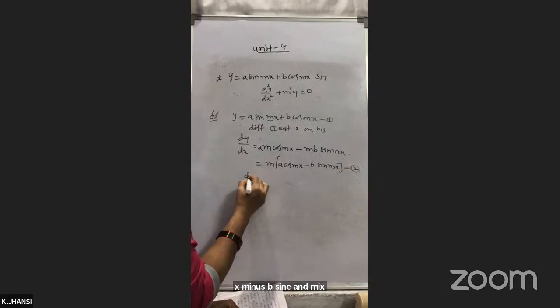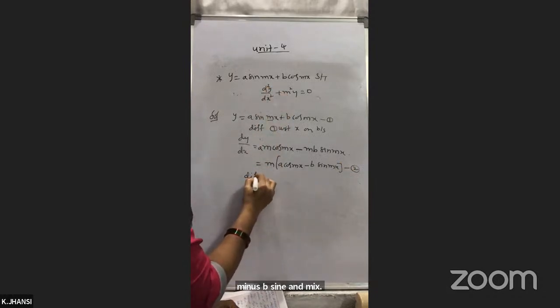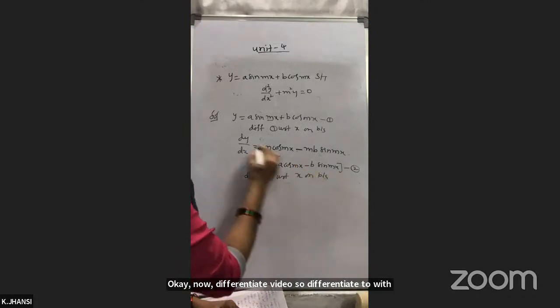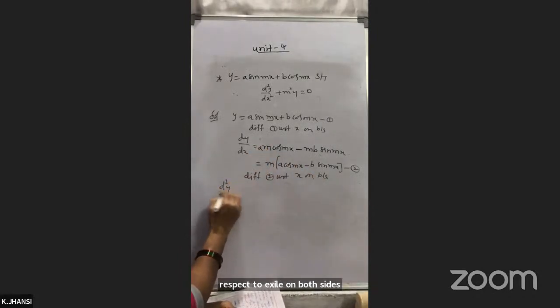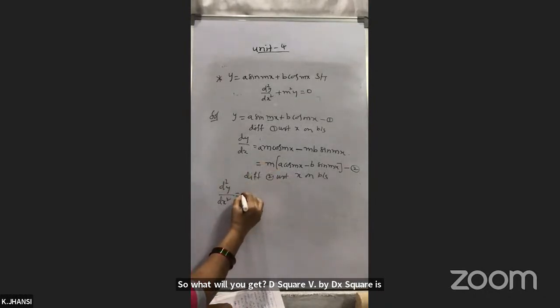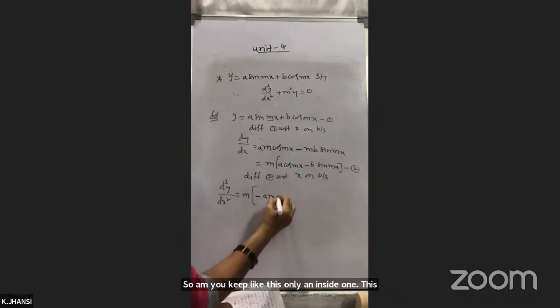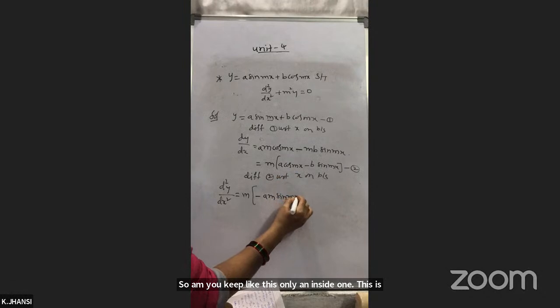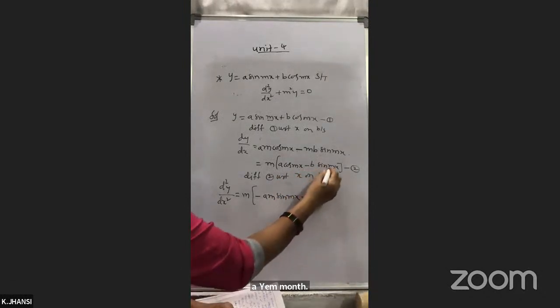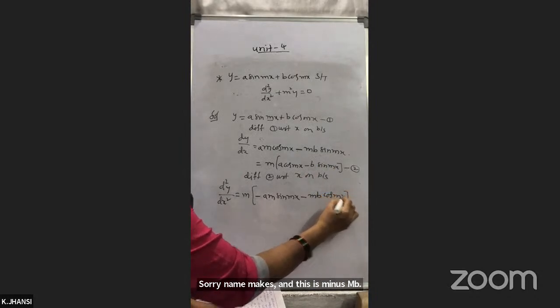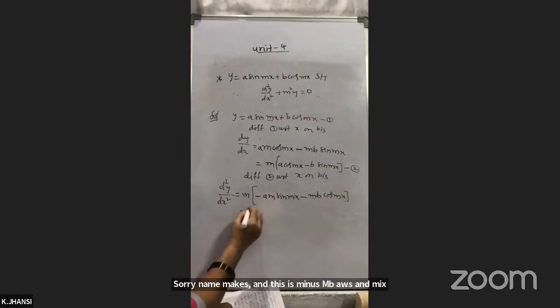Okay, now differentiate. We need second order, no? So differentiate 2 with respect to x on both sides. What you'll get: d square y by dx square equals m, keep it like this only, and inside, this is minus am sin mx, and this is minus mb cos mx. Now you take m common here, and if we take minus common, what will happen?